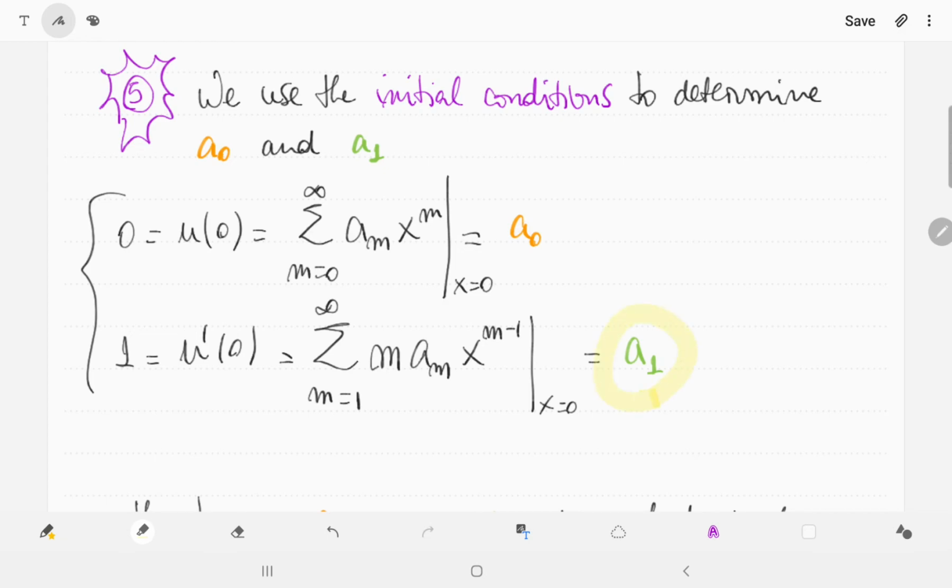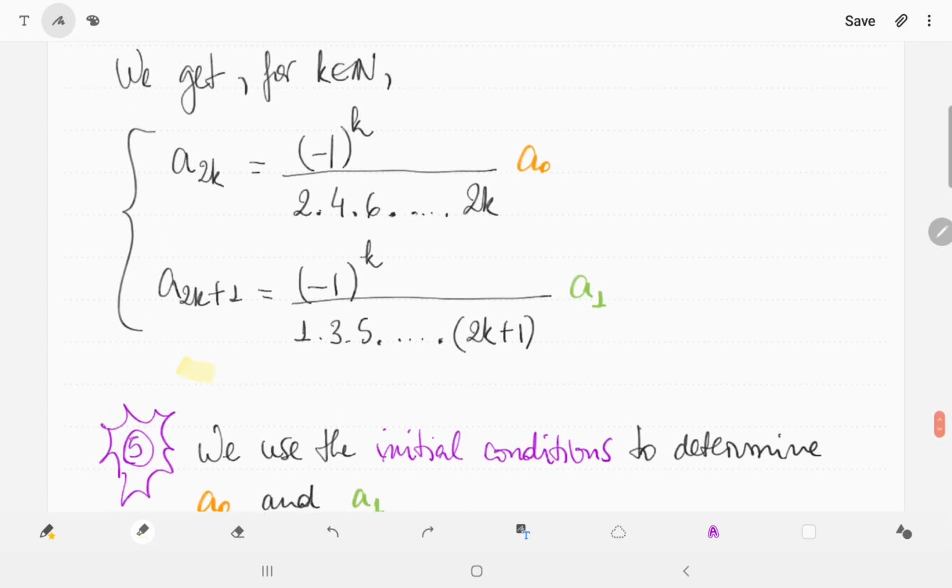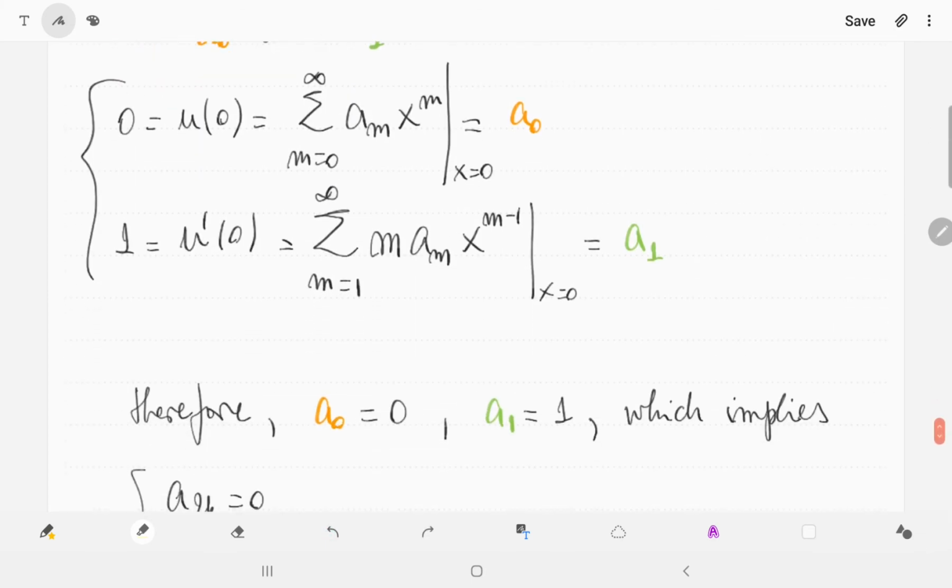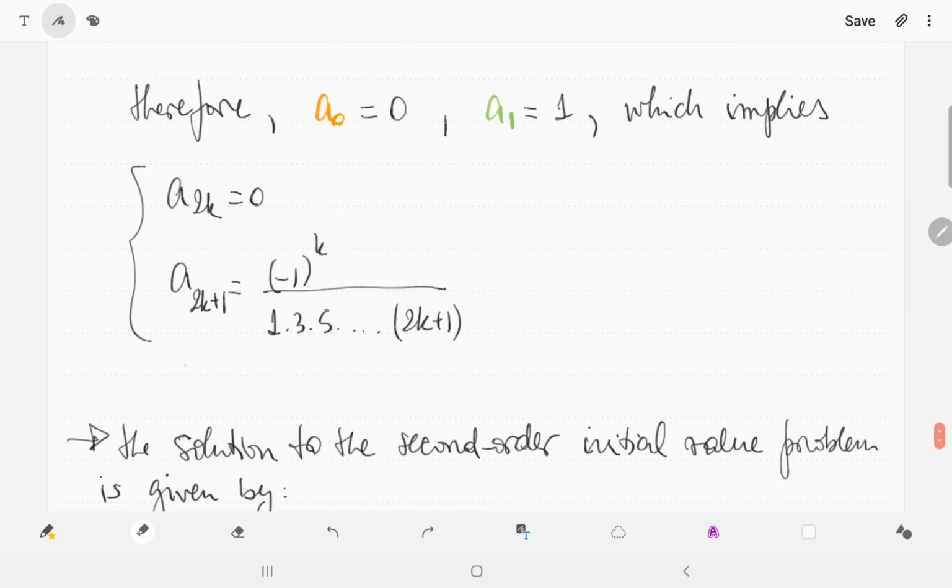So we get a1. That means that a1 is equal to 1. So now, the expression of the coefficients can be finally determined because we already know this. This is 0, so all of them are 0. And this is 1. So finally what we get is this.